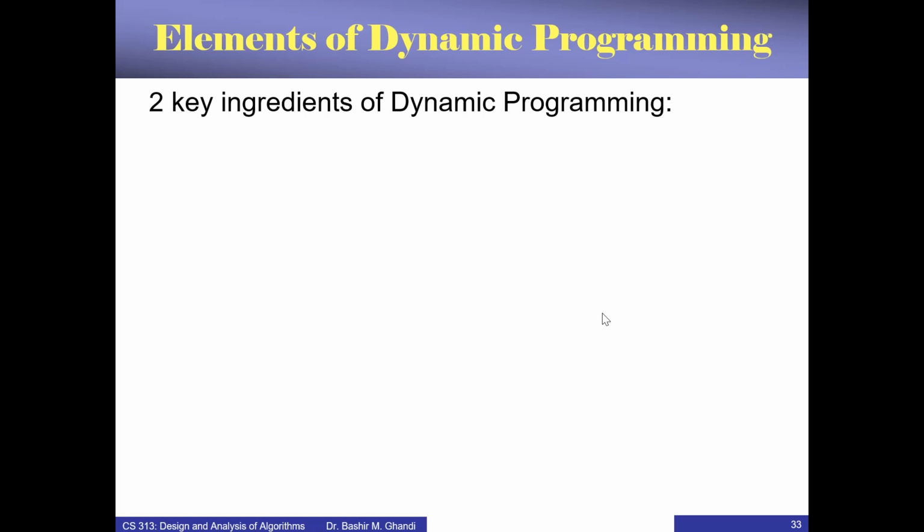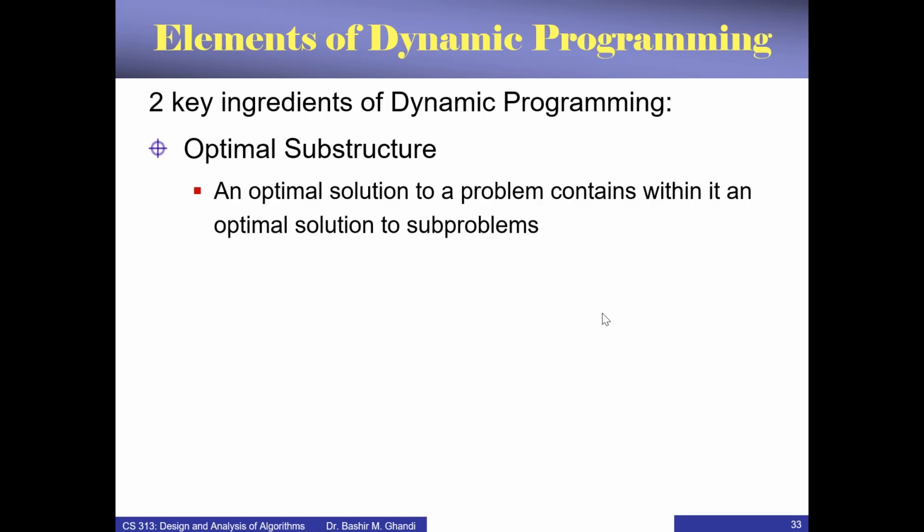So 2 key ingredients of dynamic programming are: 1, optimal substructure. An optimal solution to a problem contains within it an optimal solution to a subproblem. This is how we define an optimal substructure.